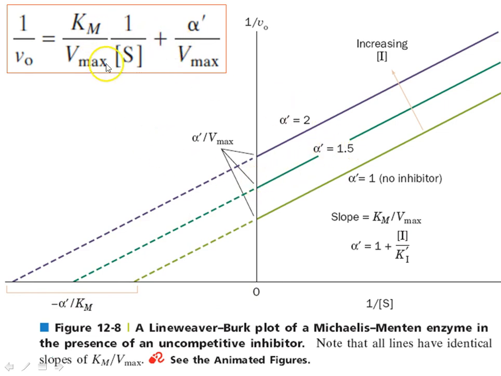The slope is independent of alpha prime; there is no alpha prime in the slope here. The slope is just Km over Vmax, so it doesn't depend on the inhibitor. So you see all the lines are parallel, but they cut the y and the x-axis further and further away from zero in both directions, the more inhibitor you have. And this is a characteristic of an uncompetitive inhibitor kinetic model.